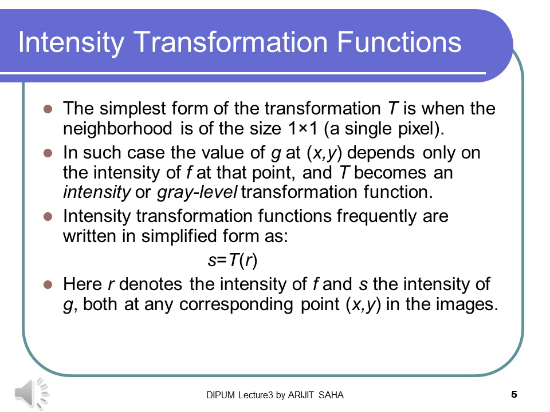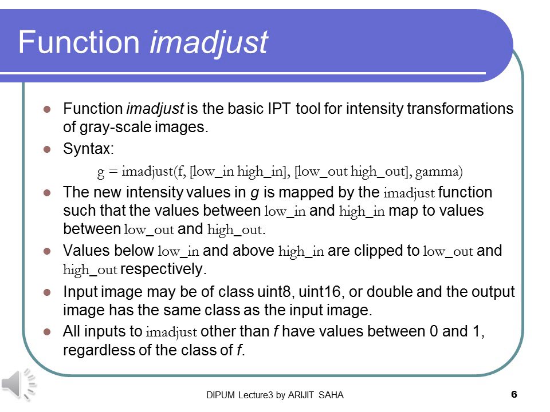Now we want to discuss some functions of IPT or image processing toolbox. The first function, imadjust. It is a basic IPT tool for intensity transformations of grayscale images. What is the syntax? Syntax is given over here. imadjust(f, [low_in high_in], [low_out high_out], gamma). f means the input picture.